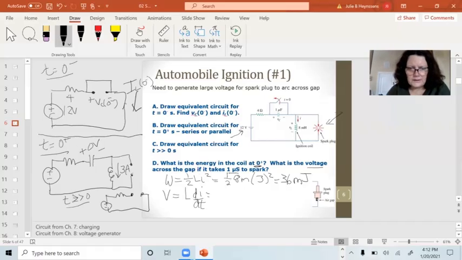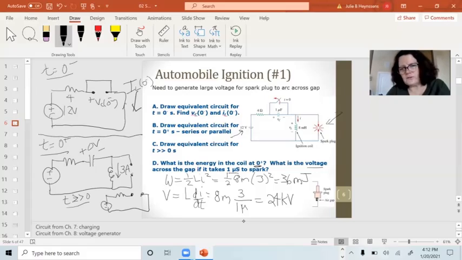So the inductance, we know that, 8 millihenries, 8 times 10 to the minus 3. di, the current's going to dissipate in 1 microsecond, so I is going to change by 3 amps. And dt we were given was 1 microsecond, which is 1 mu, that's my shorthand for 1 times 10 to the minus 6th. And we go ahead and calculate that, and we get 24 kilovolts.